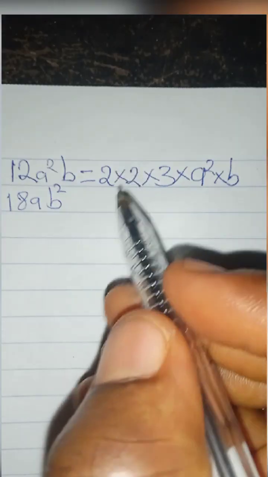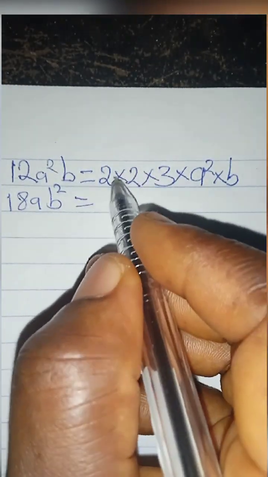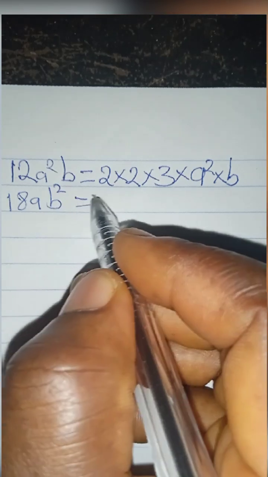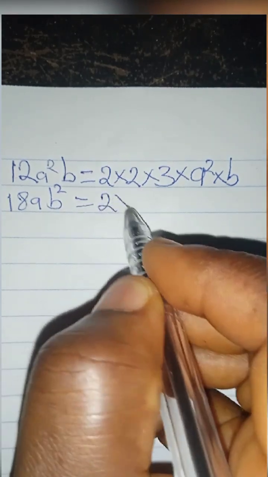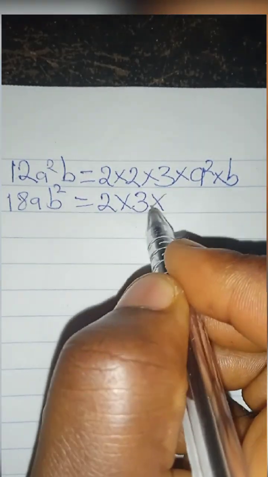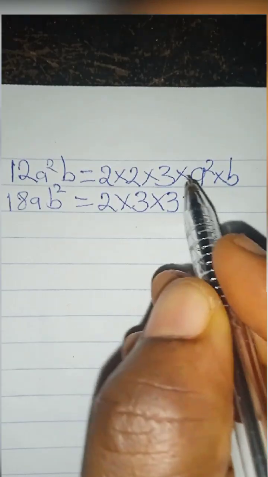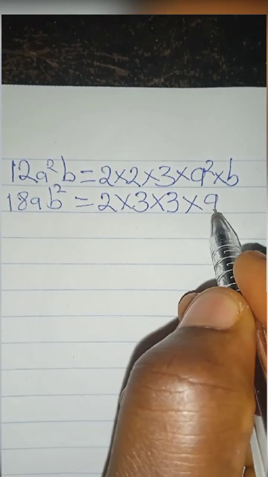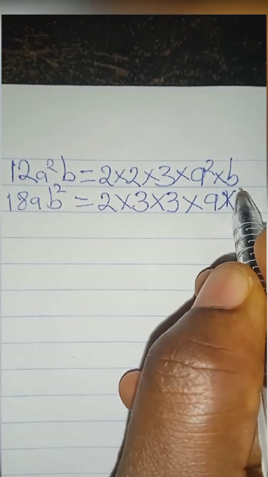Now for 18ab squared, 9 times 2, and 9 is 3 times 3, times a times b squared.